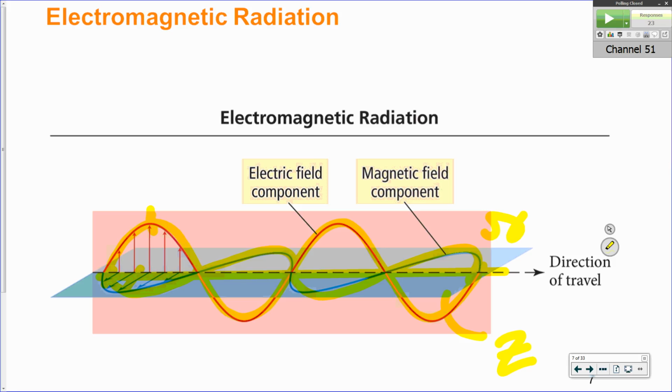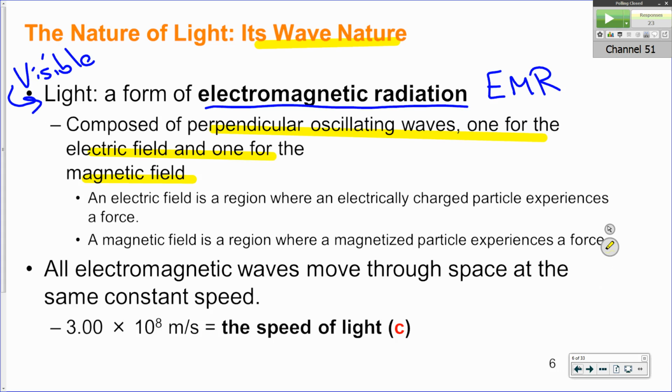All right, so there are two components that coexist. The electrical field is where electrically charged particles experience a force, and the magnetic field is a region where magnetized particles see a force from it. So light influences both magnetic particles as well as electrically charged particles.